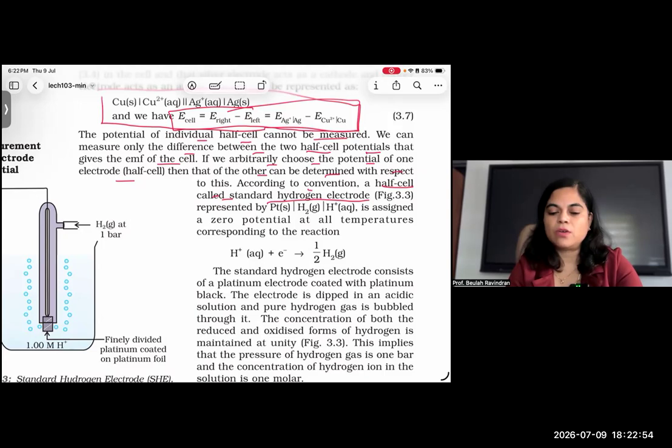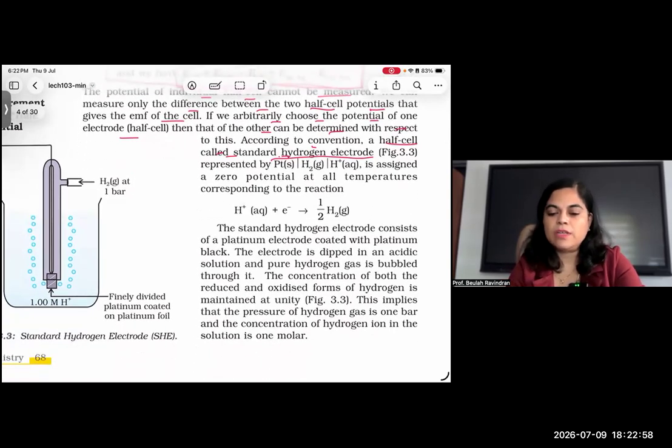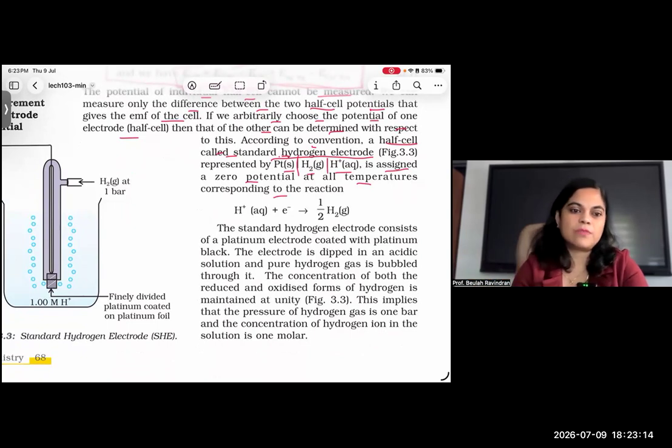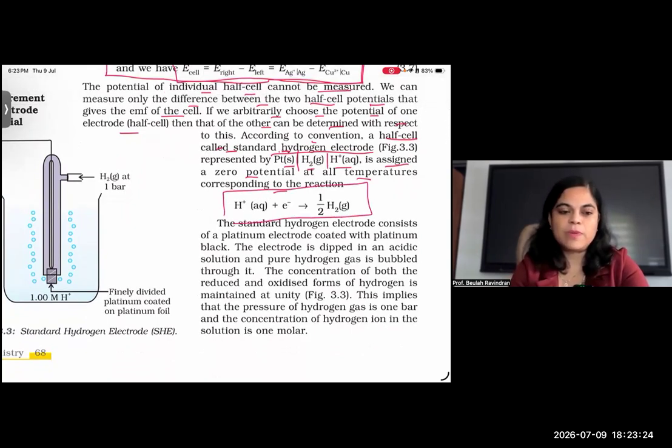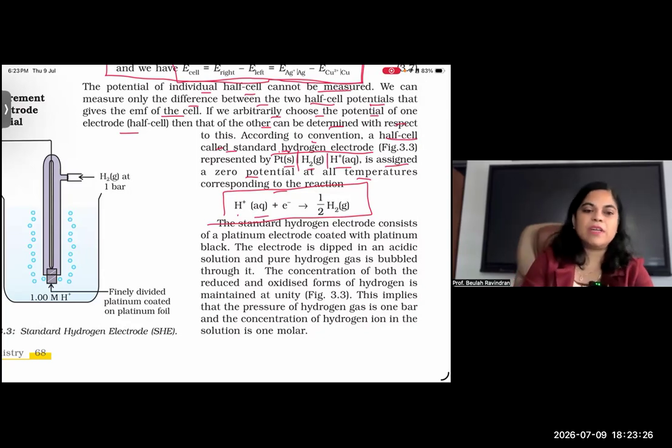According to convention, the half cell called the standard hydrogen electrode, represented by platinum solid, hydrogen gas, H plus aqueous, is assigned zero potential at all temperatures, corresponding to the equation. You know this vertical sign and double vertical sign and everything; just refer to the last video also, so it's very important for you. Then this hydrogen electrode: H plus aqueous plus e minus.